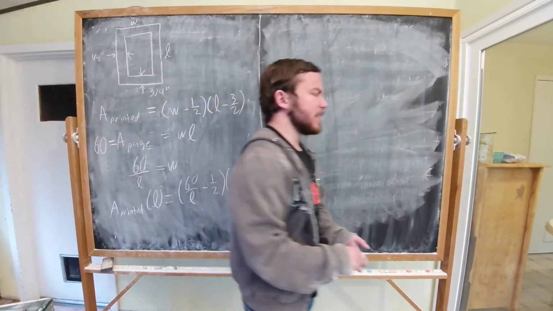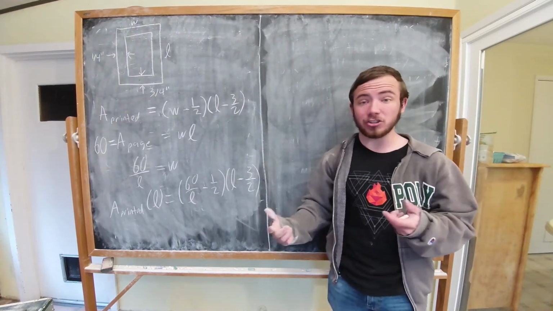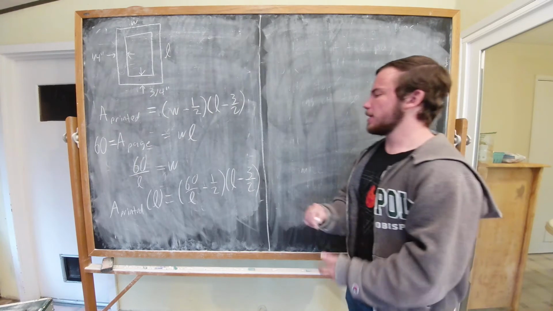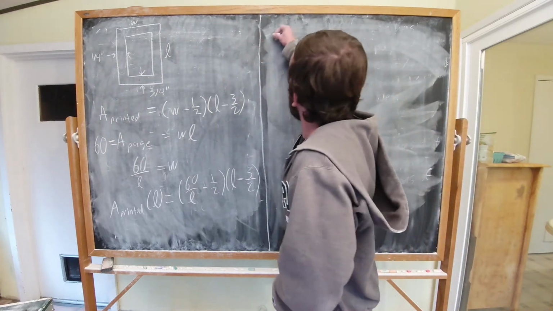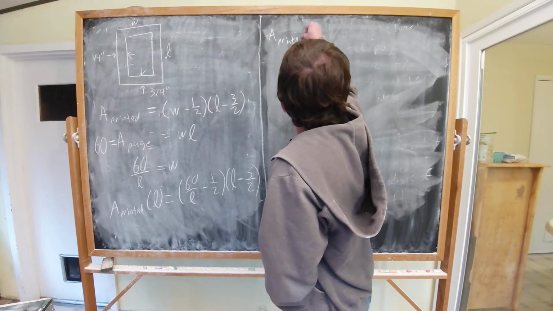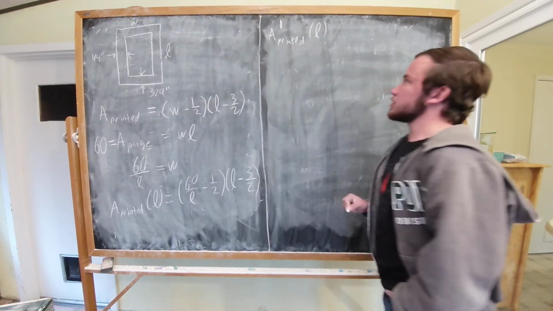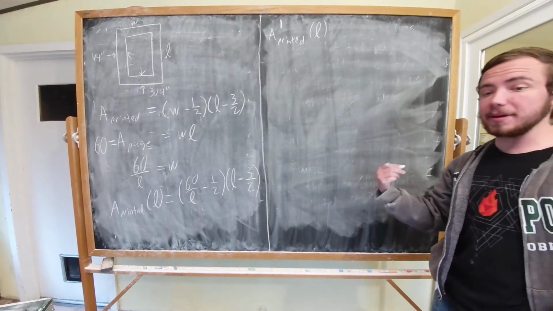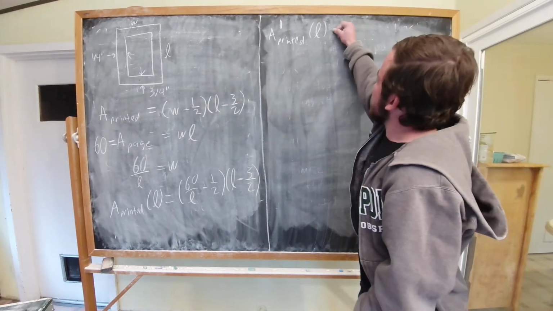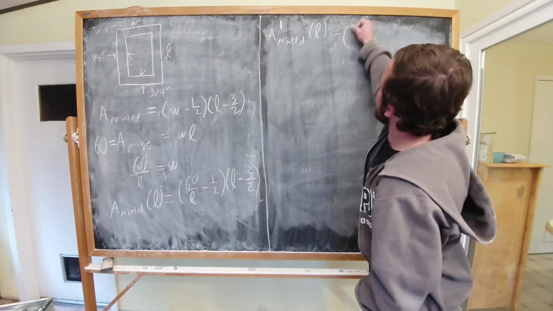Faced with a choice. Depending on user preference, you could choose to distribute this out and then differentiate, or you could use the product rule. Let's do the product rule for the sake of it. You get that the derivative of the printed area, A printed L prime, is equal to, okay, first times derivative of the second.